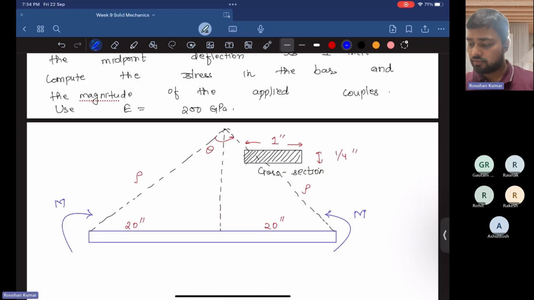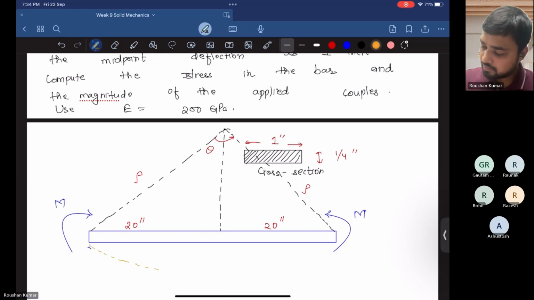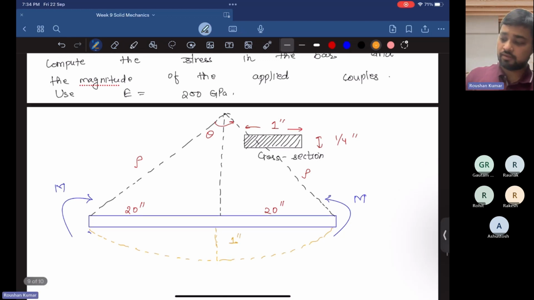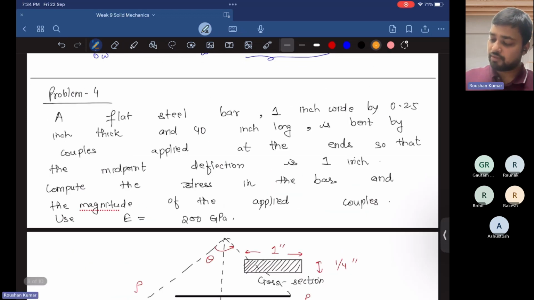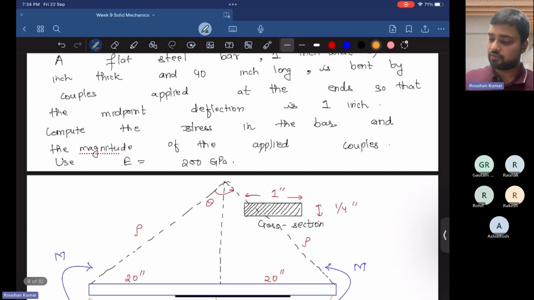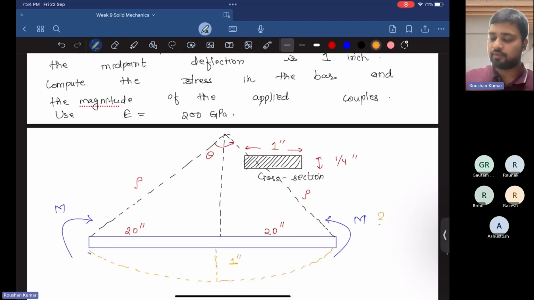So it is actually bent in this way, it bent by 1 inch. Compute the stress in the bar and the magnitude of the applied couple. So we have to find the value of M, and the stress value in the bar.